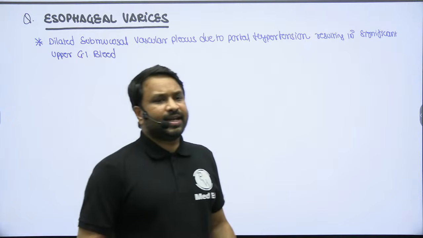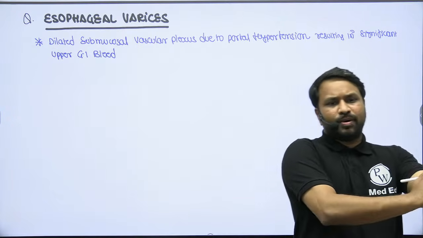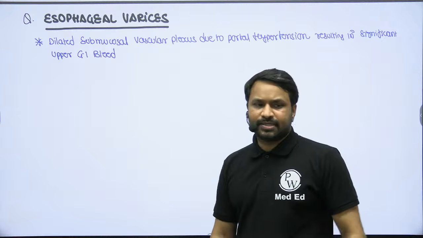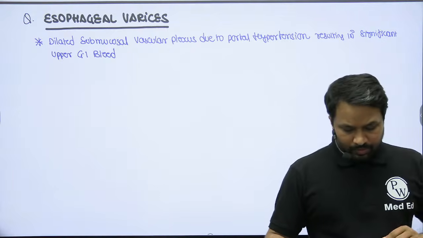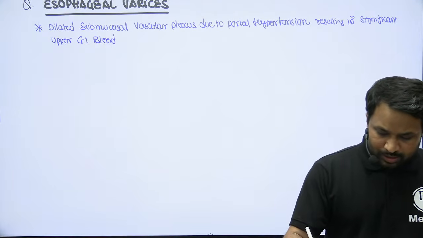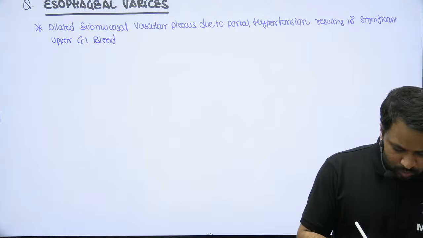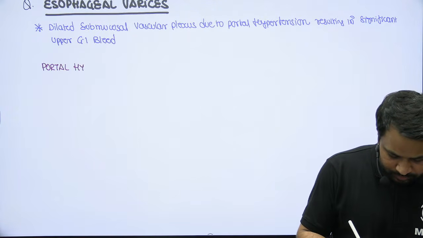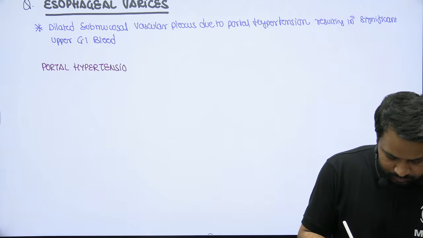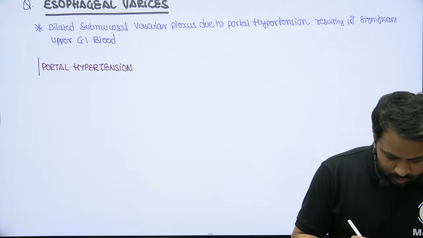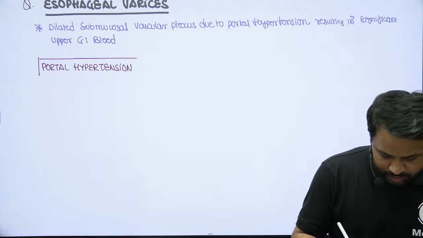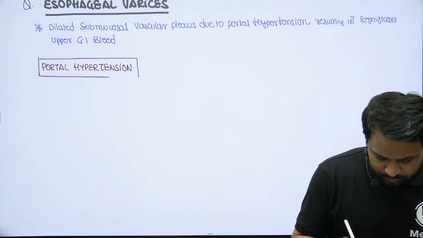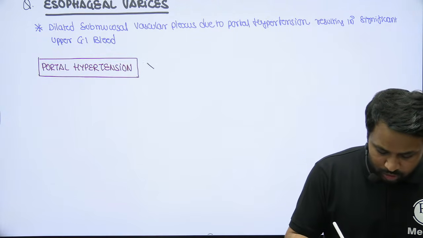Okay. So dilated submucosal vascular plexus due to portal hypertension resulting in significant upper GI bleed. Now, to understand the whole concept, you need to understand what is portal hypertension. Remember the normal portal pressure.